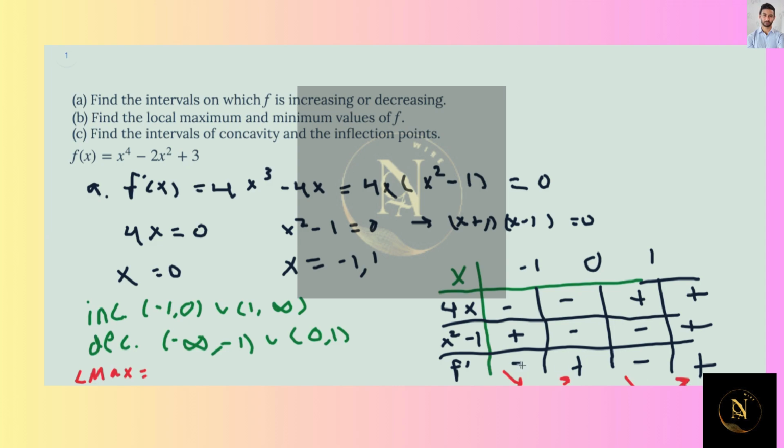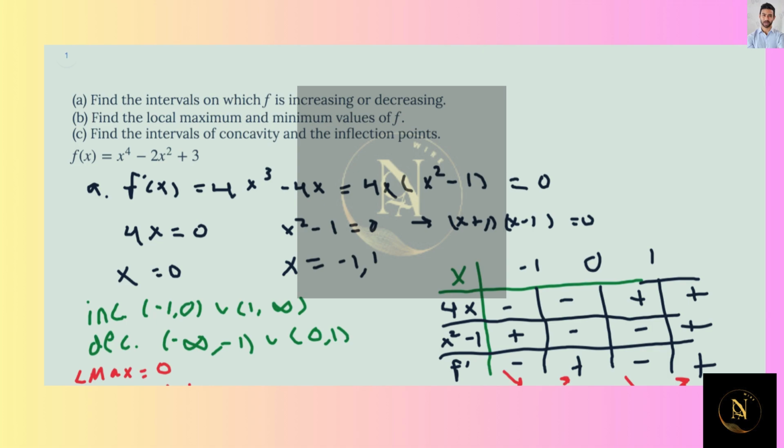So where our function is going from negative to positive, we have a local min. So L min. And then the opposite is true, so if it's going from positive to negative, you have a local max. So then the local max occurs at 0, and the local min occurs at negative 1 and 1, for the reasons I stated.